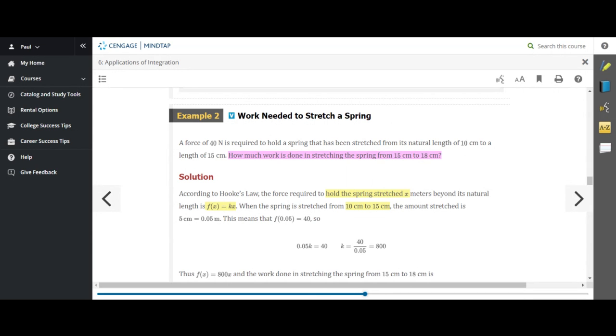So 15 centimeters is 5 centimeters beyond the natural length of the spring, because it says in the first paragraph that the natural length is 10 centimeters. And 18 centimeters is 8 centimeters beyond the natural length. So 5 centimeters to 8 centimeters is equivalent to 0.05 meters to 0.08 meters.